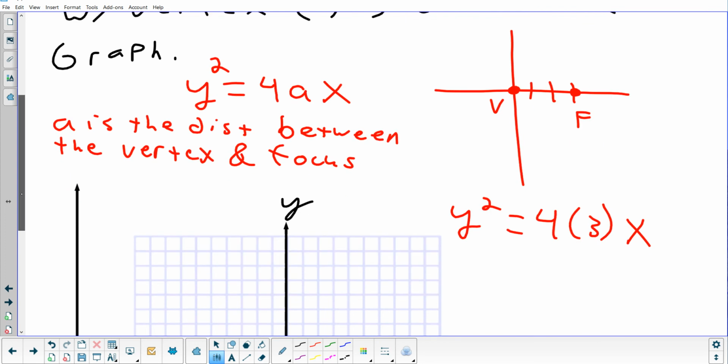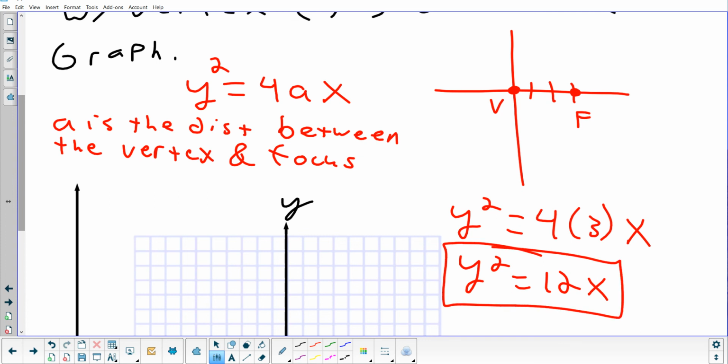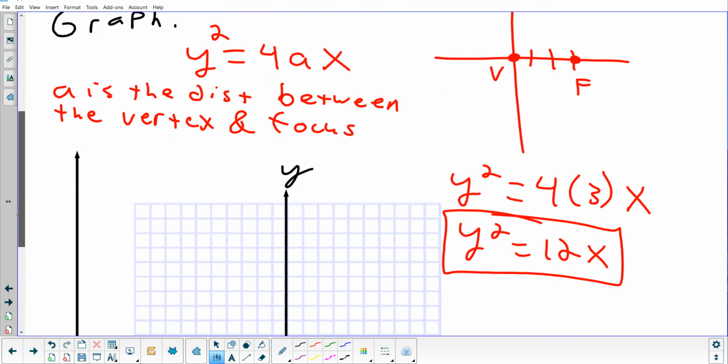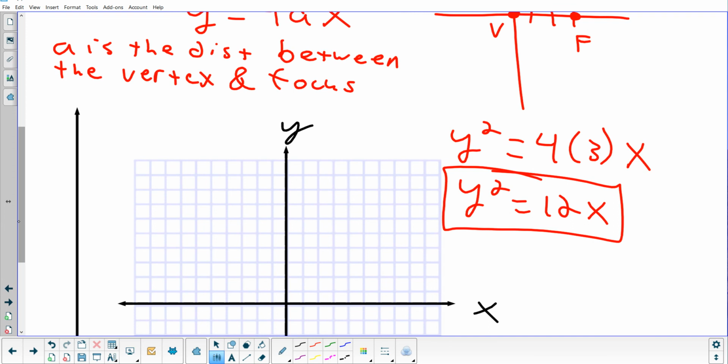And the final answer is y squared equals 12x. If I was writing the answer, I would probably leave it just like that. But what if you wanted to put that in on a calculator? What would you have to do to both sides? You would have to square root. So you should know how to manipulate that and rearrange it for different variables. So you could do this.